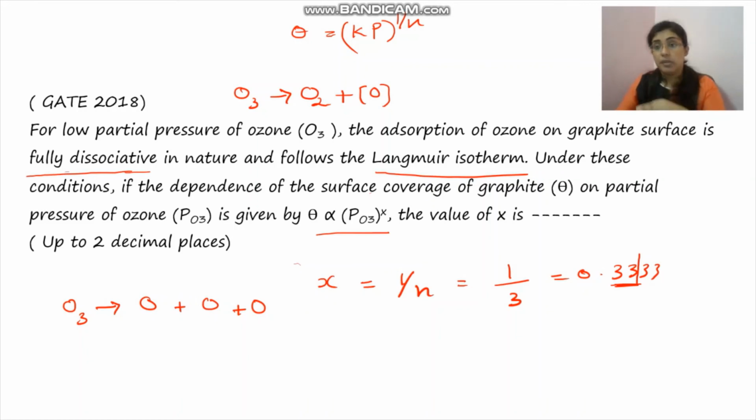If the third decimal place is greater than or equal to 5, then I have to increase the first 2 digits by 1. If my third decimal place was 5 or greater, then 0.33 would become 0.34. But in this case, it is less than 5, so 0.33 would remain as 0.33 itself. So my answer is 0.33.